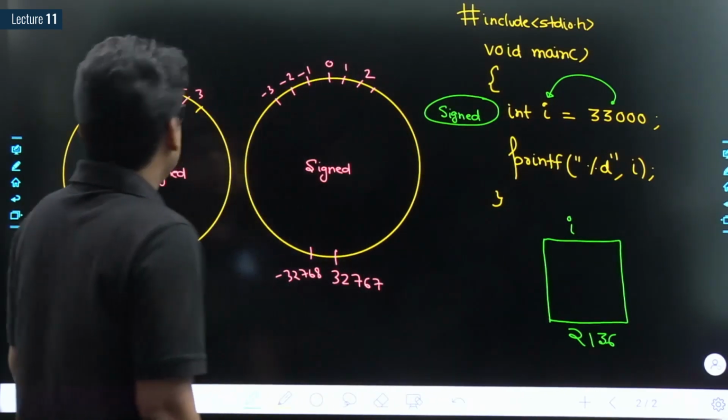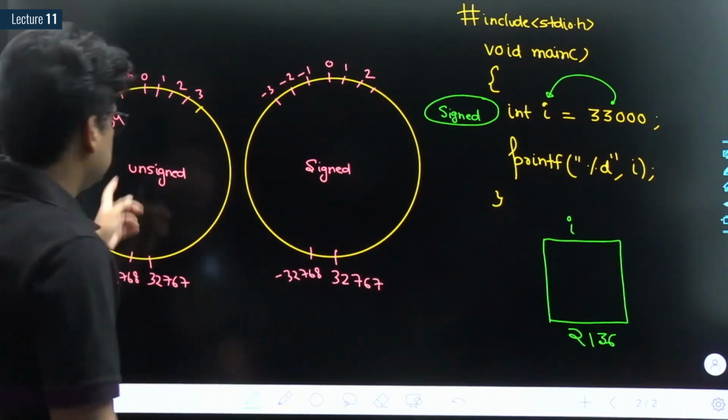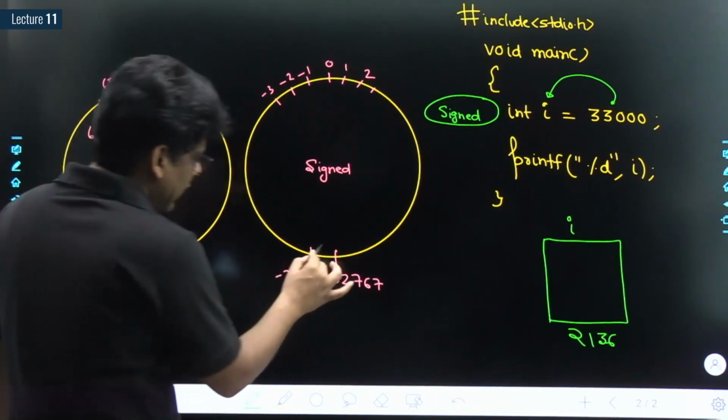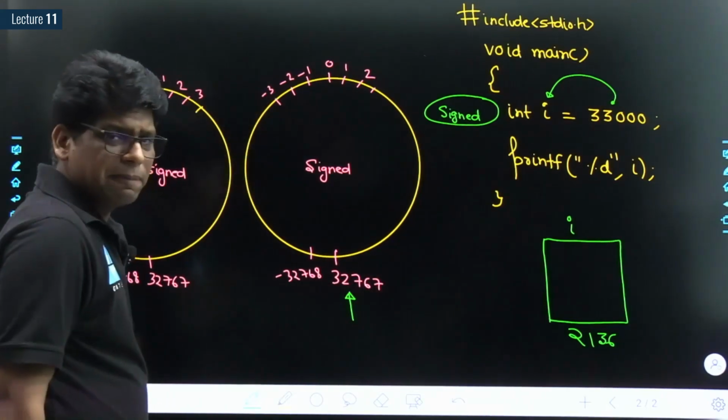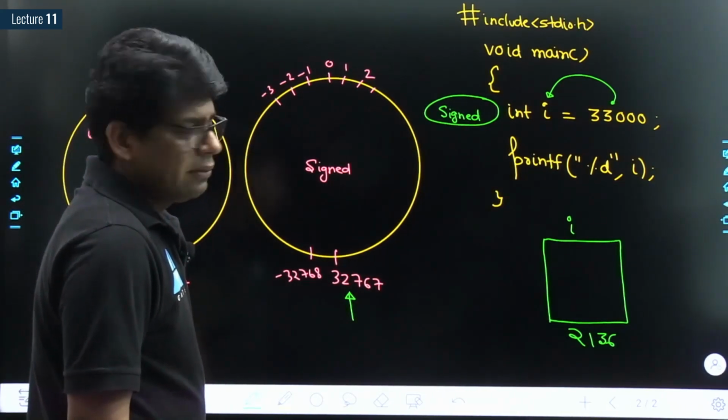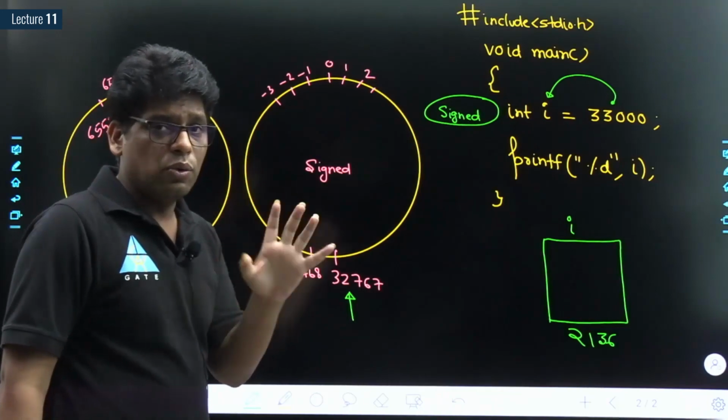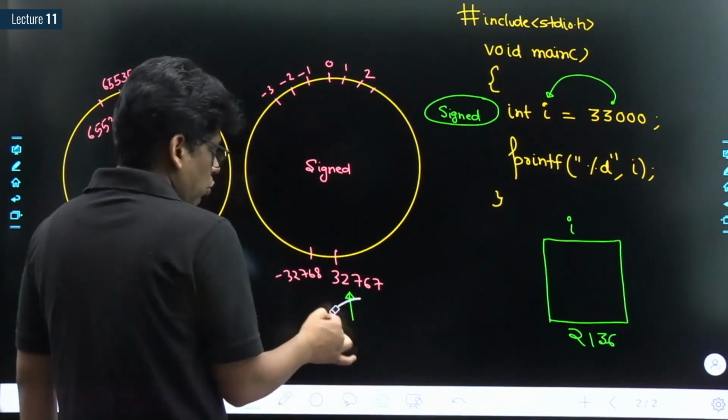For a signed integer, the maximum possible value we can store is 32767. Does that mean it is an error? No, sir. We will try to figure it out.